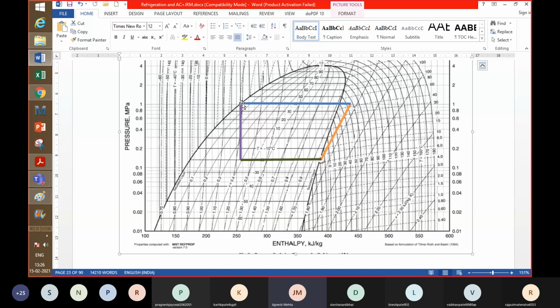But in winter, it is favorable, and you are getting a good amount of subcooling in the condenser. Subcooling means, assuming pressure remains the same, it is going to move horizontally on this, and you are moving into the subcooled liquid region. The pressure is remaining the same, but the temperature is decreasing.